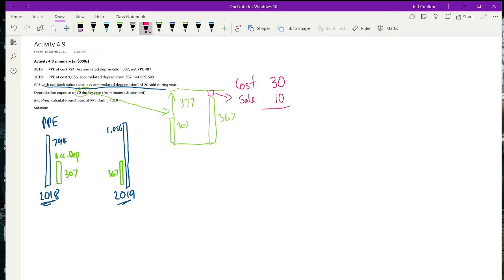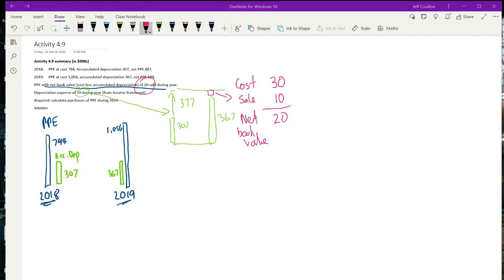We know that because the net book value was 20, which is what we have here. So net book value of 20 is comprised of the cost of 30 and the accumulated depreciation of 10.